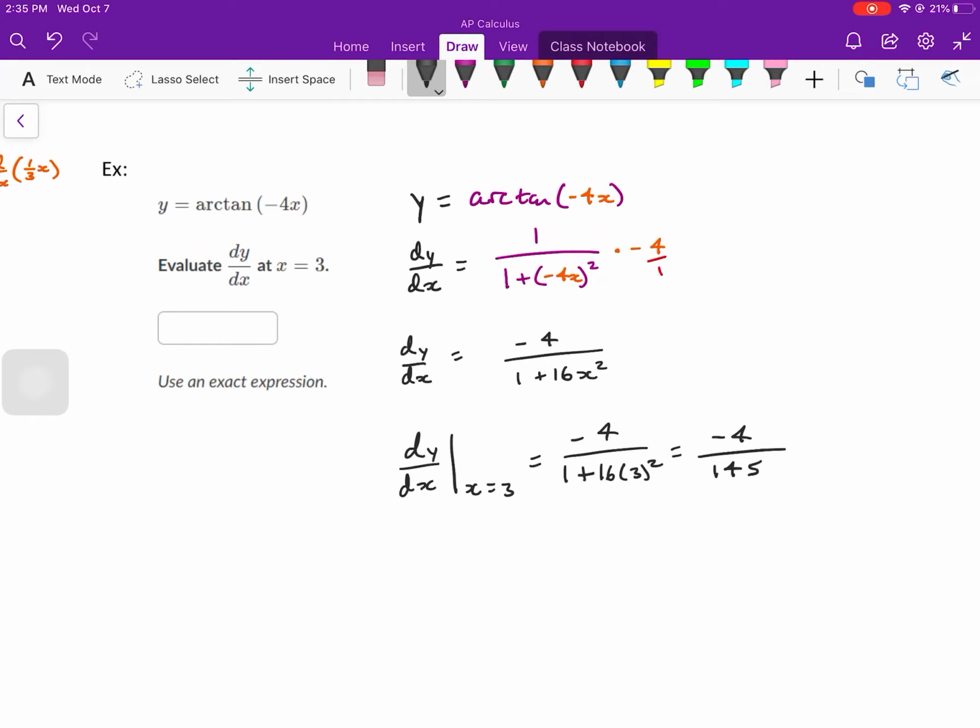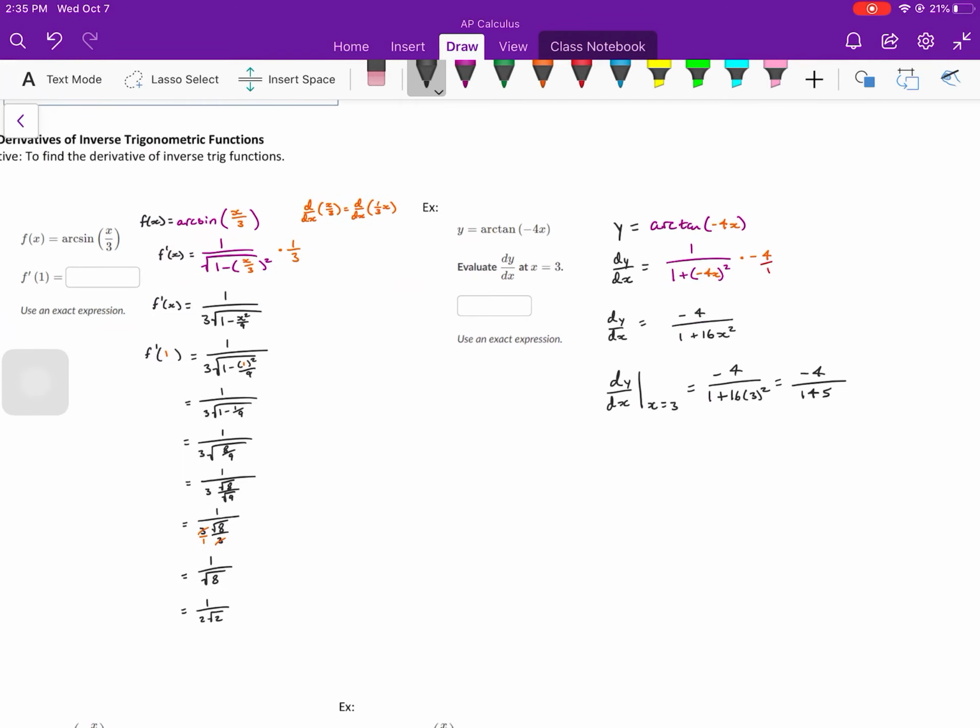And there's your answer. So you could see arctangent is a lot easier than dealing with arc sine.